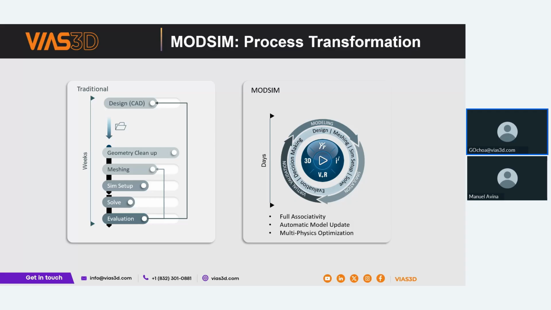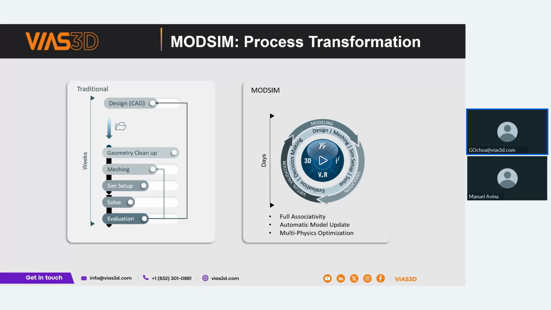So if we consider the traditional simulation workflow between design and simulation, the traditional approach is we get the design CAD data, we could get the geometries from an email or a share folder or FTP location. Then we grab the CAD model. Many times we have to perform some geometry cleanup operations, and then we start with meshing.